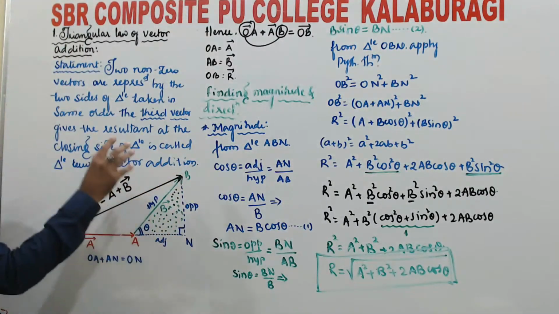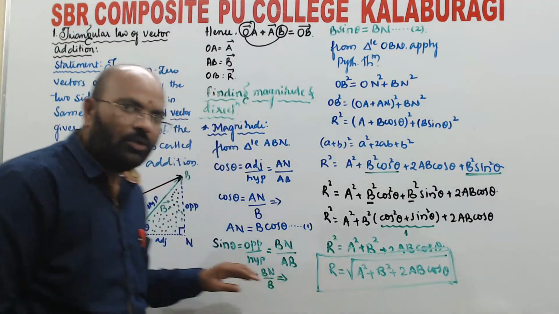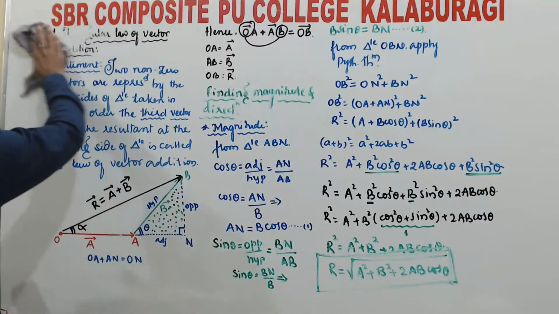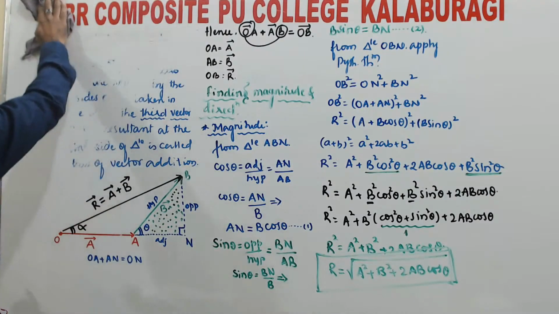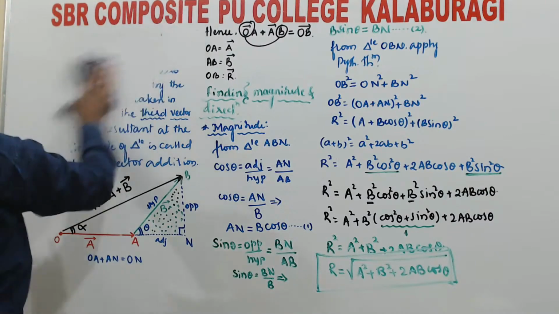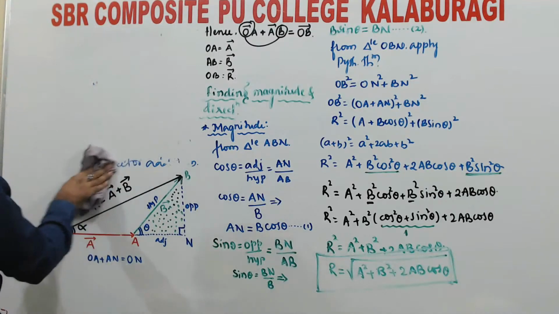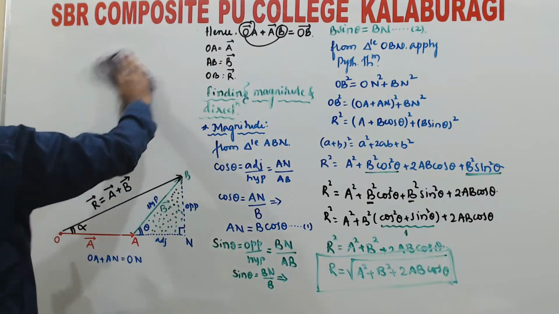Similar to this, by using this analysis, we calculated the resultant related to the two vectors. Then finding the direction, which is taken by using this relation in triangle OBN. We can still use the same figure to calculate the corresponding direction associated with the given vectors.